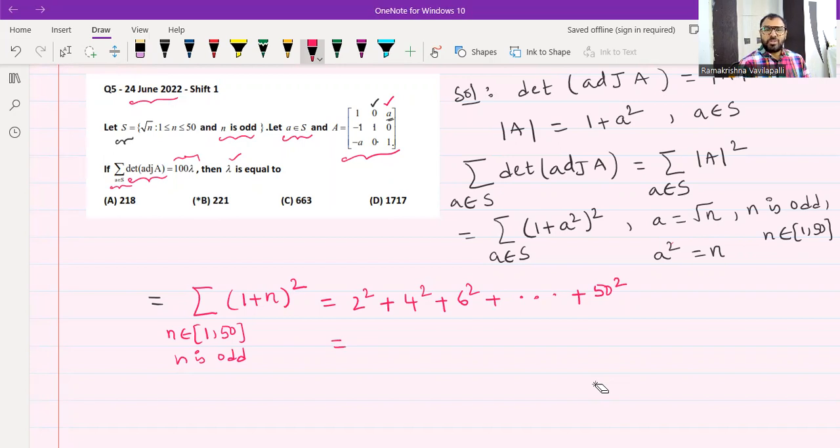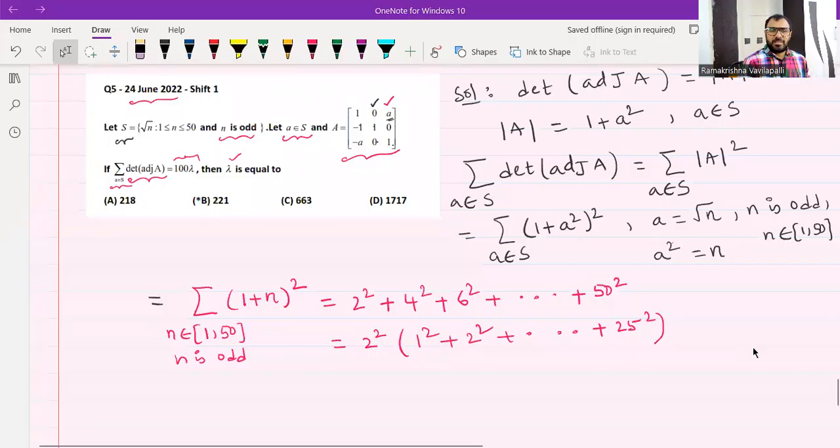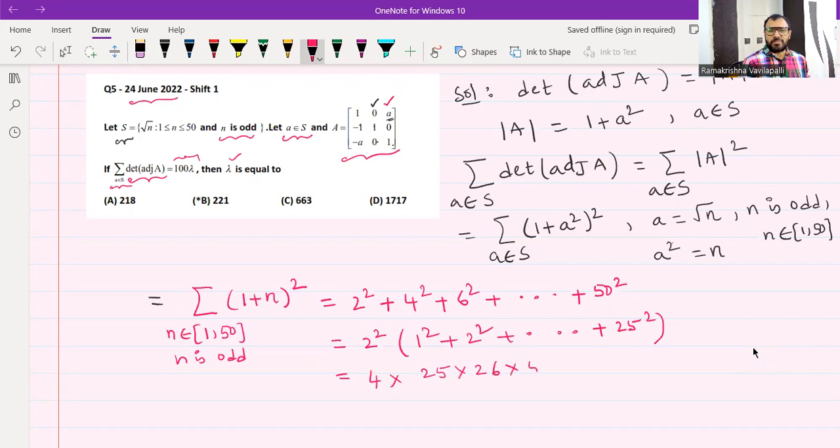So this is equivalent to, you take 2 square common because these are all even numbers. So you will get 1 square plus 2 square plus and so on, up to 25 square. This implies this is 4 into, now you apply the sigma n square formula, n into n plus 1 into 2n plus 1 whole by 6.